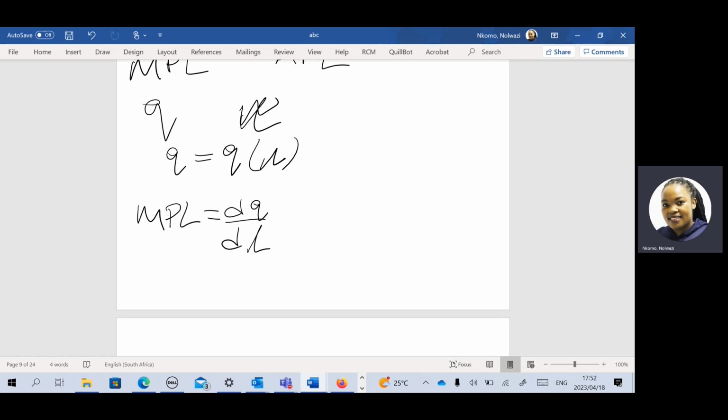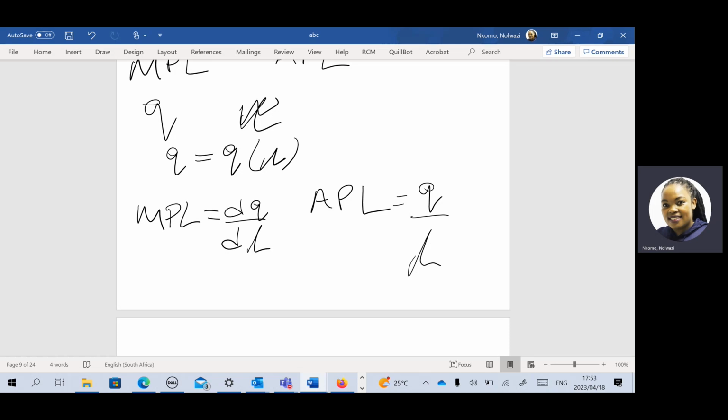And the average production of labor, which is APL, is found by dividing the production function by the number of labor units, meaning the average production of labor is equal to Q over L. Remember, L represents the labor units and Q represents the production function.